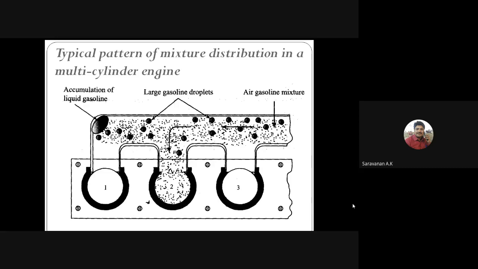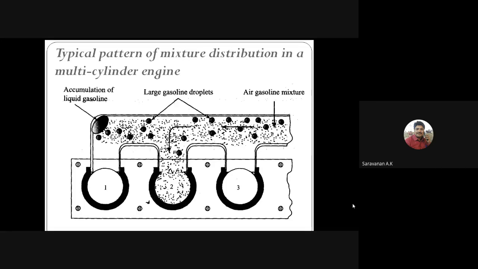In the case of a multi-cylinder engine, each cylinder may get different amounts, so it is very difficult.